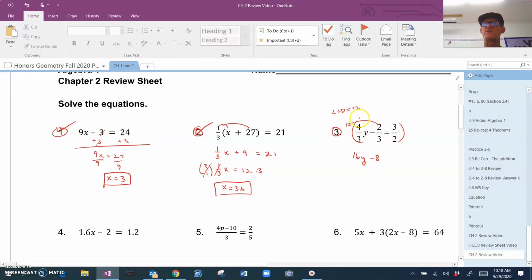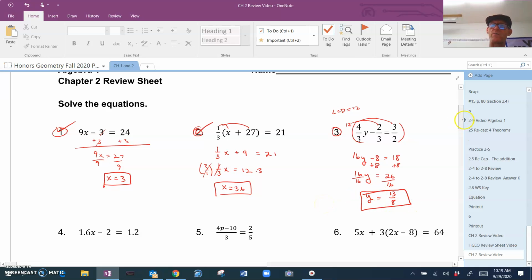And then 12 times 3, which is 36, divided by 2, which is 18. All right, so you get 16y equals 26 after you add the 8. And you divide by 16 and divide by 16, and you get y is equal to, if you divide both of these two numbers by 2, you will get 13 over 8 for this problem.